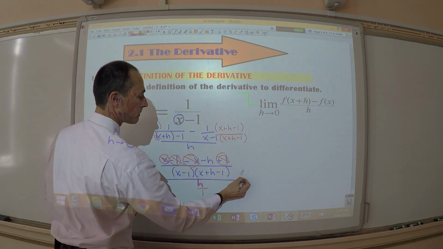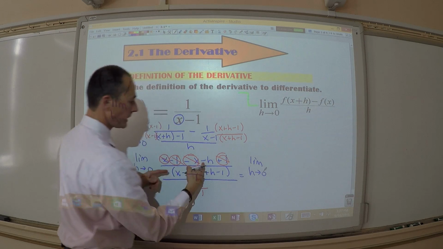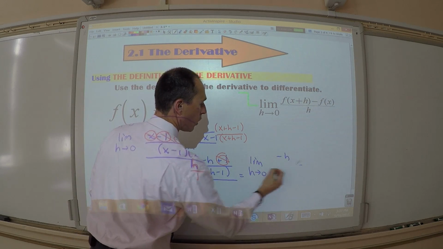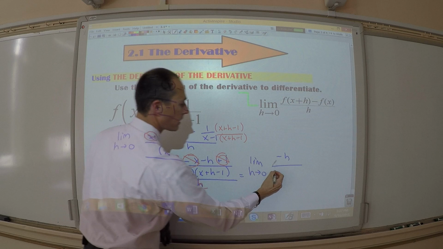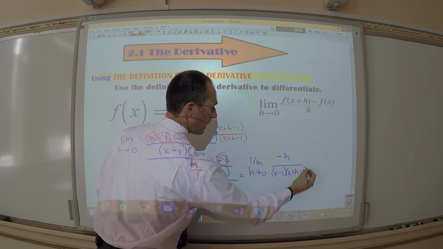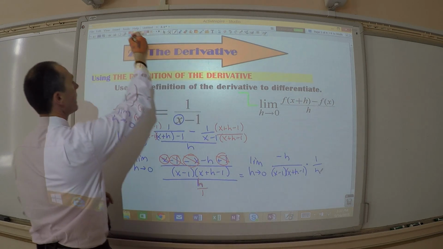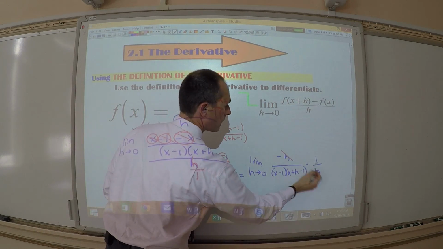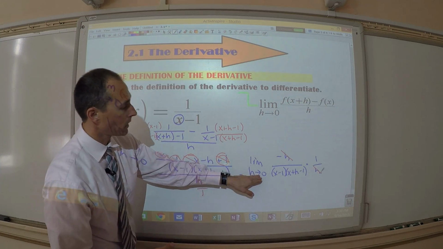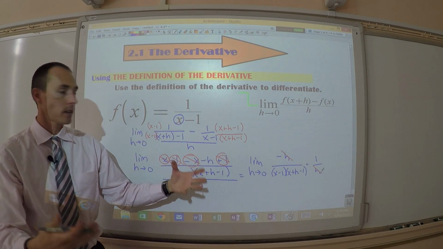Bring that over here. The limit as h approaches 0 of simply negative h over this factored form of the denominator. And then that's times 1 over h. And that's a good thing, because what that allows me to do is reduce here. And now I can attempt to do the limit. See, had I done that before, I'd have 0 over 0, and that would still be indeterminate, and that'd be a problem.